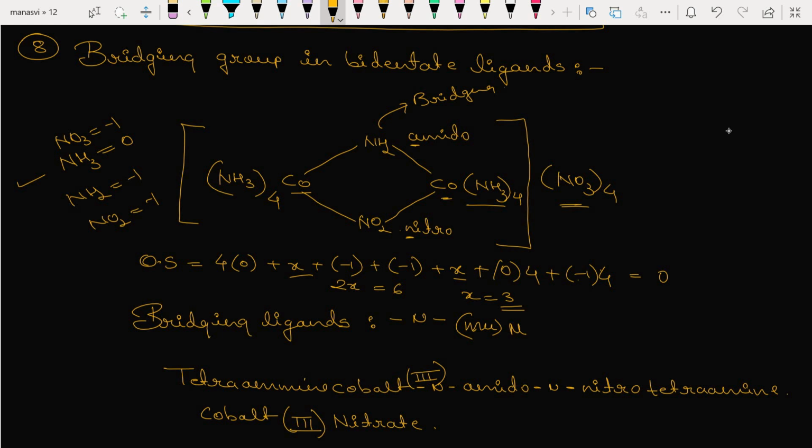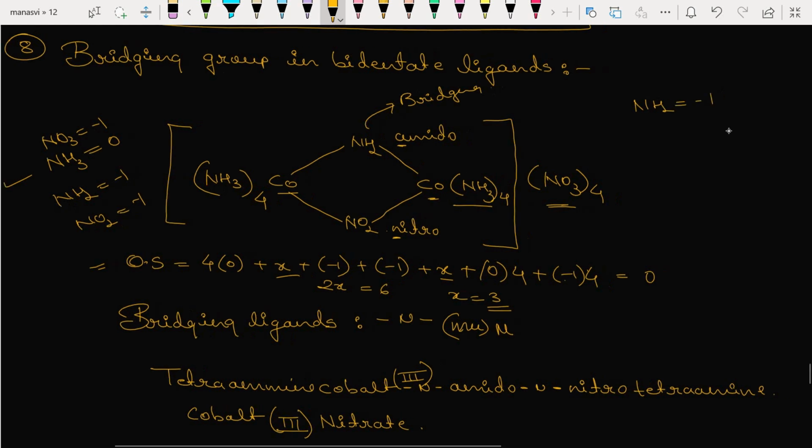First of all, our job is to find the oxidation state. For the bridging groups, we calculate the oxidation state as follows: amine is neutral, hence 4 multiplied by 0, because the charge on neutral amine is 0, plus X, because we want to calculate the oxidation state of cobalt here. So plus X minus 1 for amido, as the charge on NH2 is minus 1.